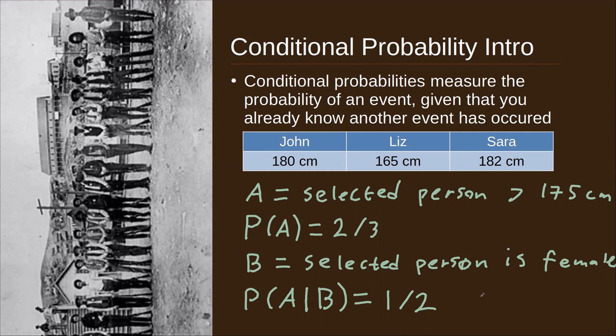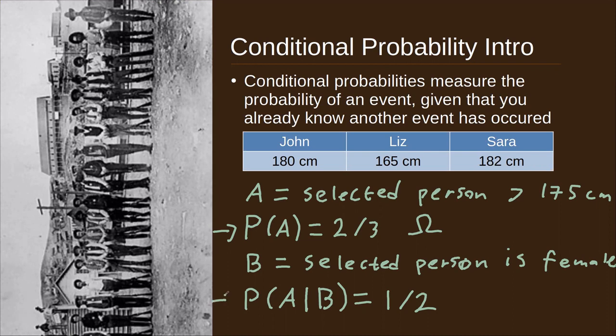So what you can see here is that essentially what we do by conditioning one event on another is that we restrict the sample space that we're looking at. So in this first computation, namely this one up here, we took the entire sample space omega into account, which included all 3 people.